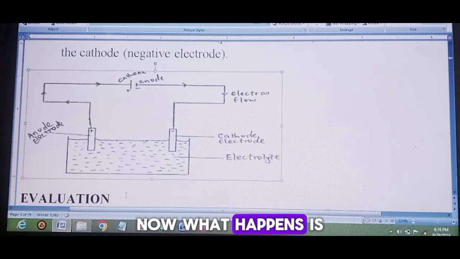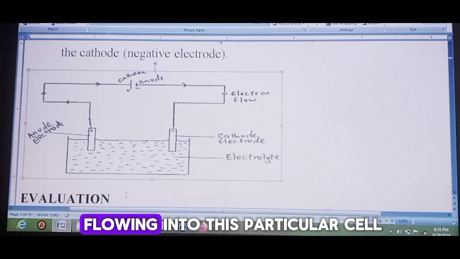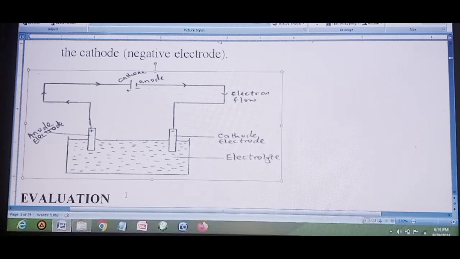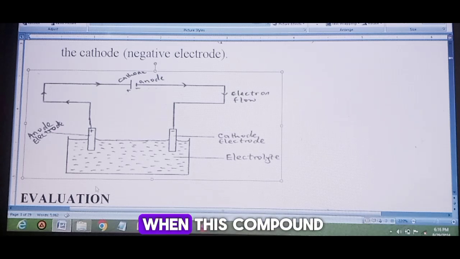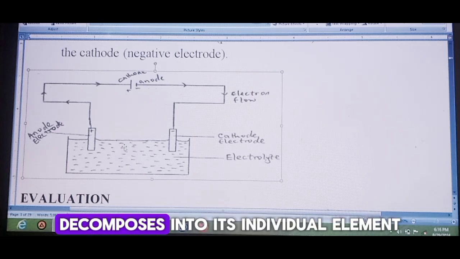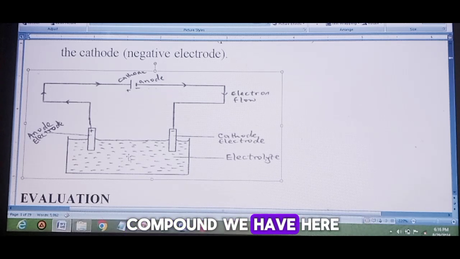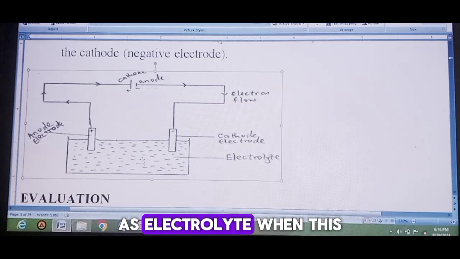Now, what happens is that when the current starts flowing into this particular cell, the compound decomposes into its individual elements. Let's assume that the compound we have here is sodium chloride as the electrolyte.